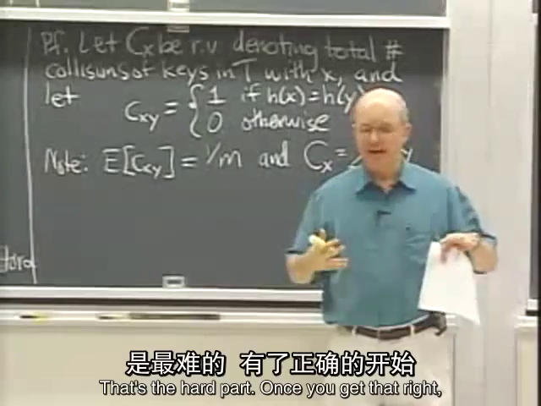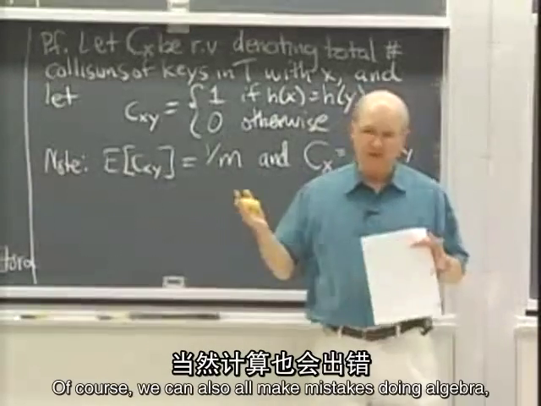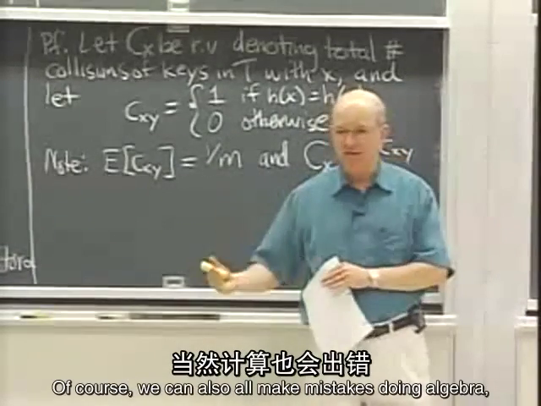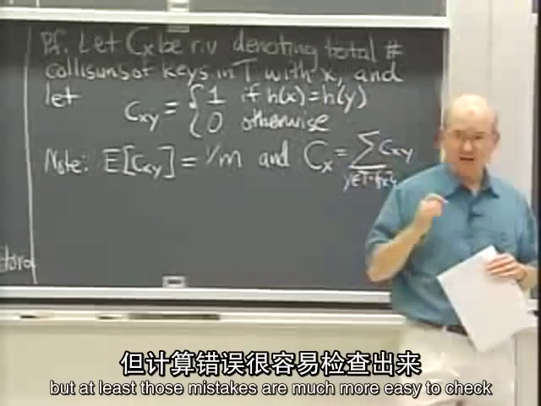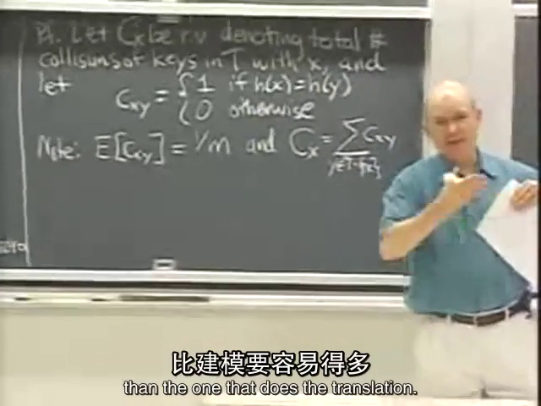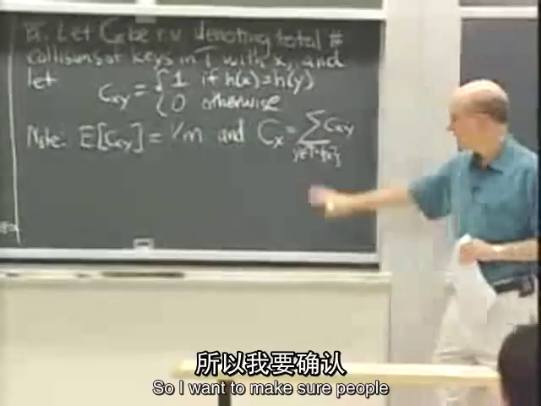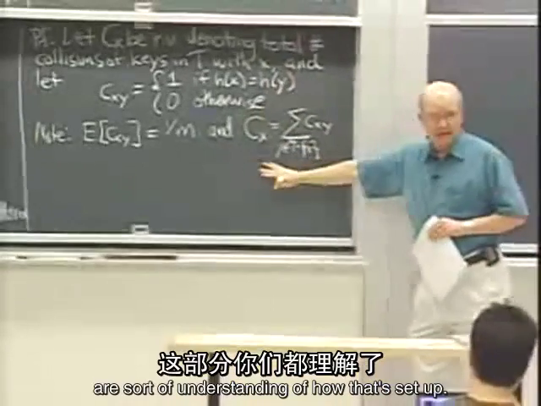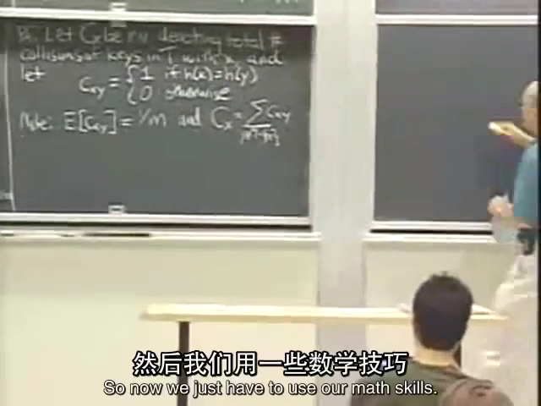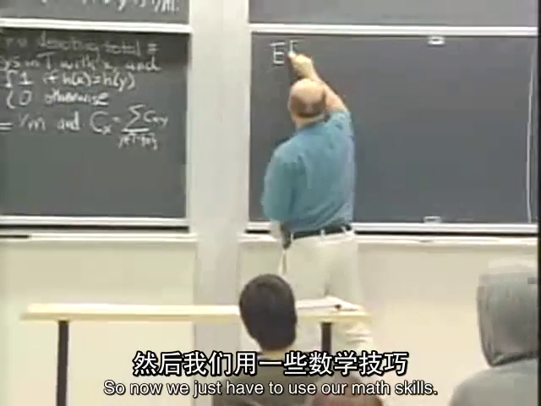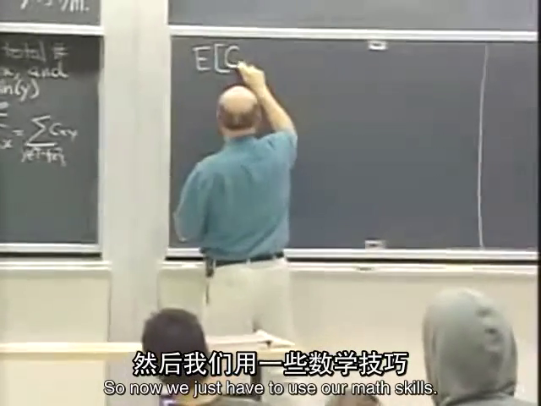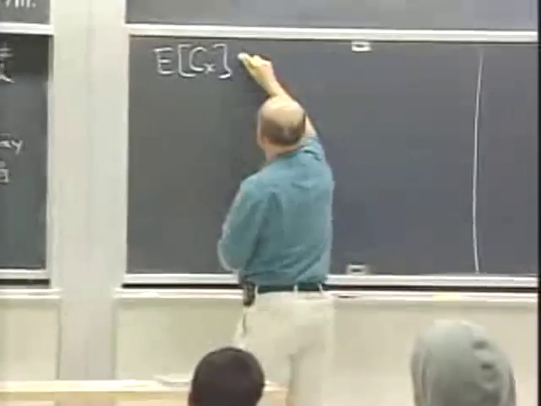Once you get that right, well, then algebra, we can all do algebra. Of course, we can also all make mistakes doing algebra. But at least those mistakes are much easier to check than the one that does the translation. So I want to make sure people understand how that's set up.